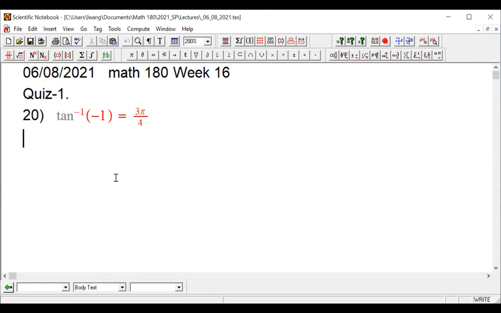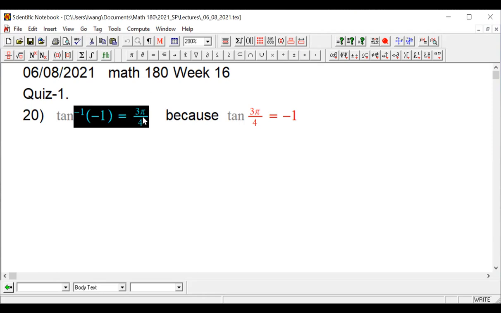The typical argument would be, oh, because tangent 3 pi over 4 equals -1. That answer is not strong enough. Why? Because tangent inverse must be a one-to-one function.